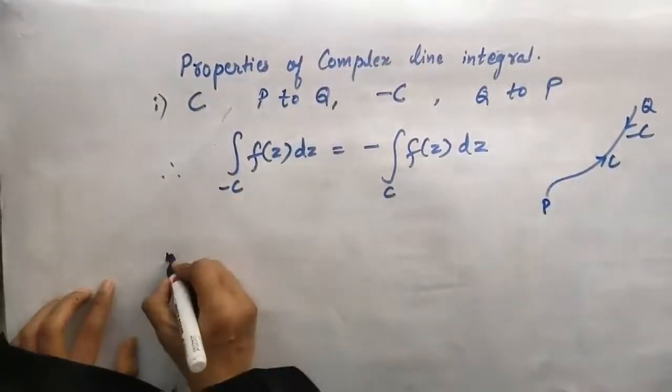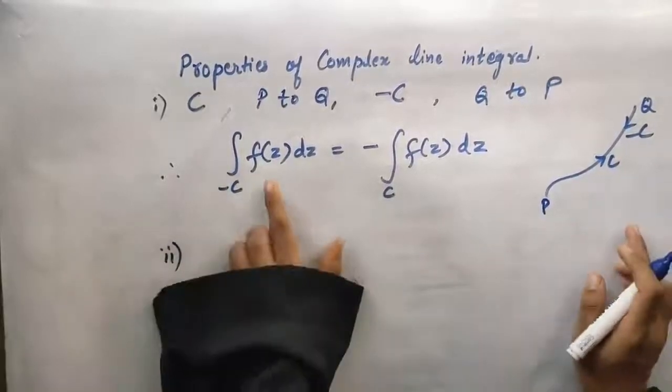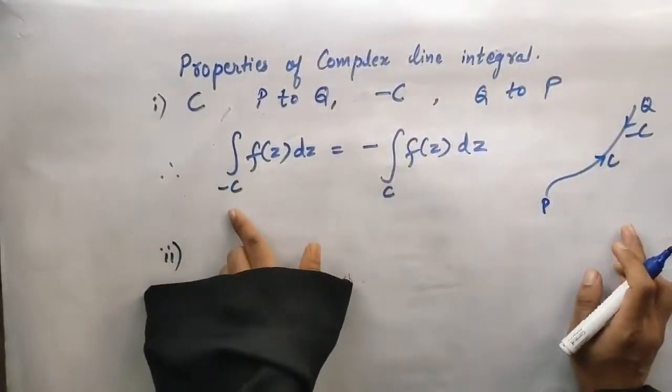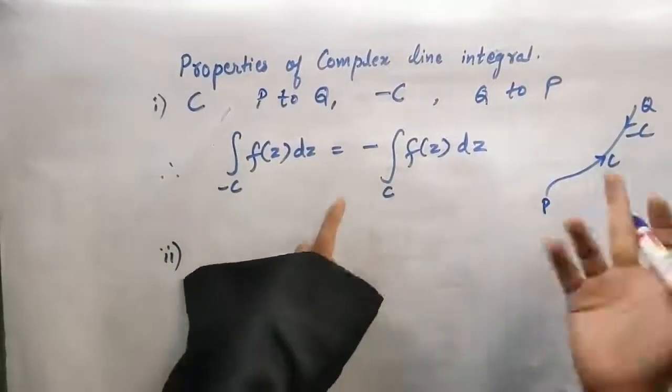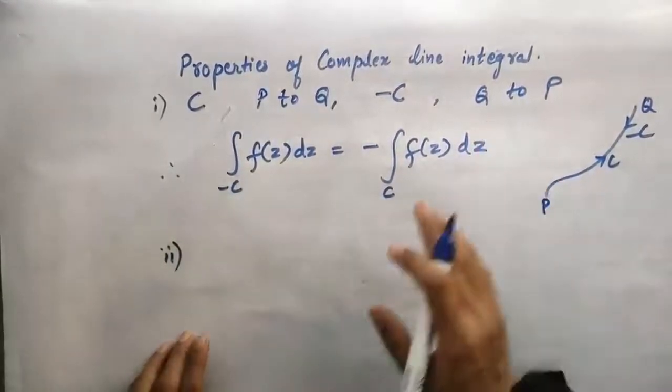Then second one, and therefore integration over the curve minus C f of z dz will be minus of the integral f of z dz. It will be exactly the negative of it.